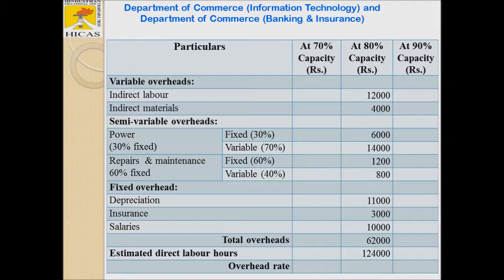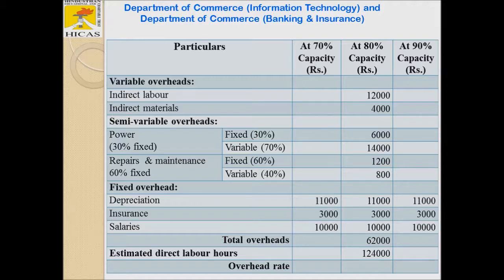Since the amount of power is 20,000, we take 30% as the fixed portion and arrive at 6,000 rupees, and the remaining 14,000 goes to the variable portion. Similarly, for repairs and maintenance, the total amount spent is 2,000, of which the fixed portion is 60% and the variable portion is 40%, and the calculation gives 1,200 and 800 as the fixed and variable portions. Whatever is given in the fixed overhead has been written here.